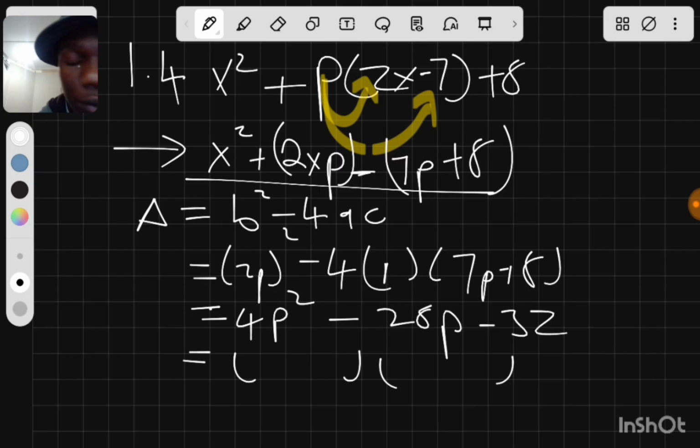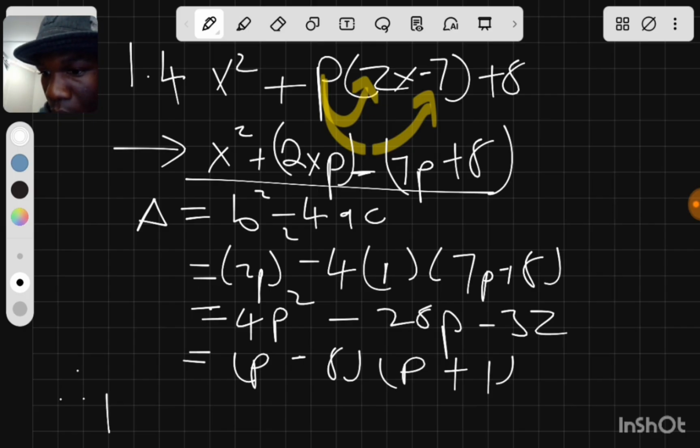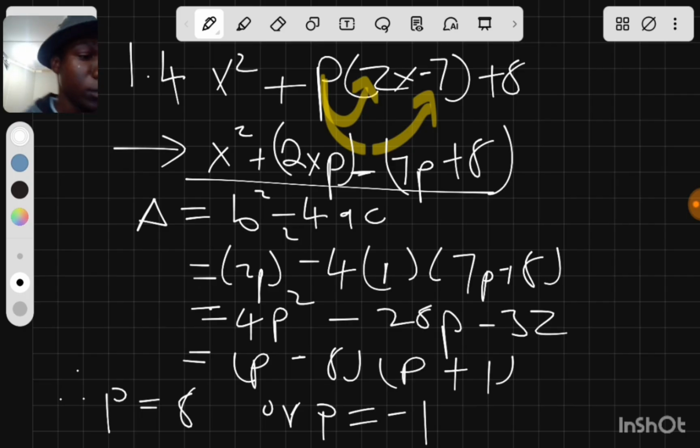So we're going to have p and p, with 1 and 8. So therefore p is equal to 8, or p is equal to minus 1.